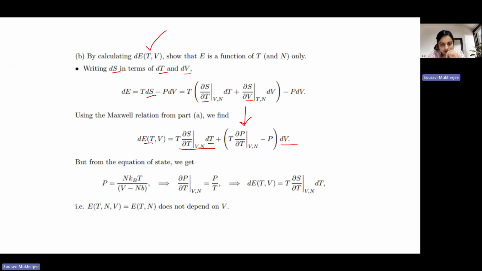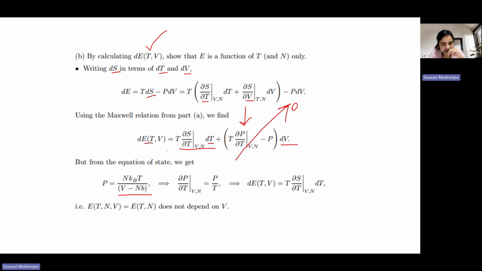Now here you have to use the equation of state. This is the equation of state that is already provided in the question, right? Because you need to find this term. So to find this term, use the expression of the equation of state, which tells you that del P del T at constant V and N is nothing but P by T. So this term gets cancelled, right? So what is this telling you?